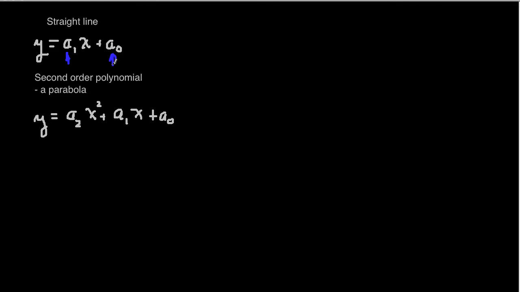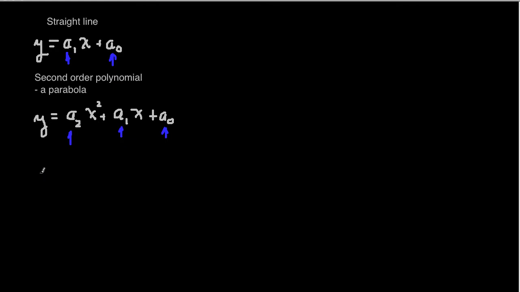And for a second order polynomial, as you might guess, we have 3 points we can completely determine the 3 coefficients of a second order polynomial, a2, a1, and a0. But before I talk about that, let's first consider a special polynomial.